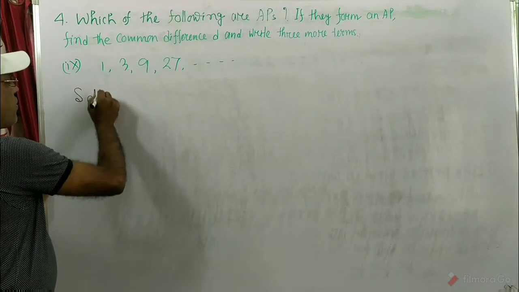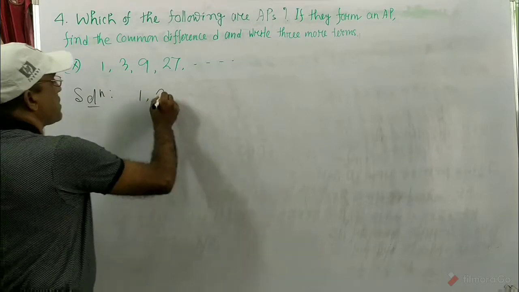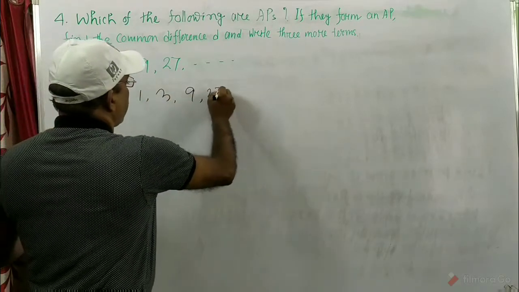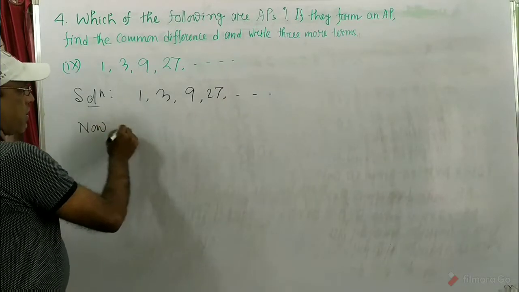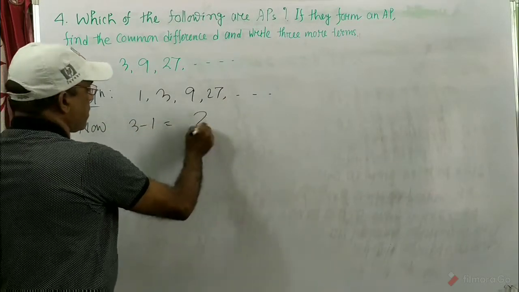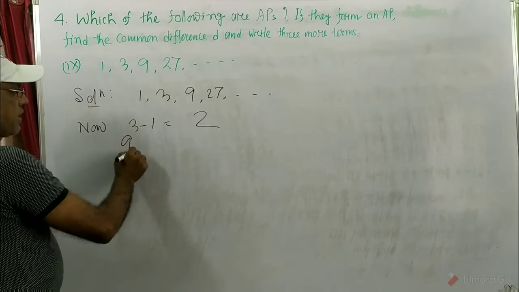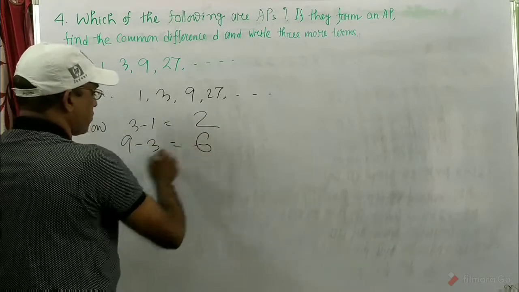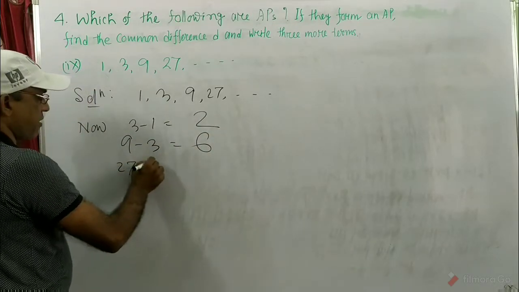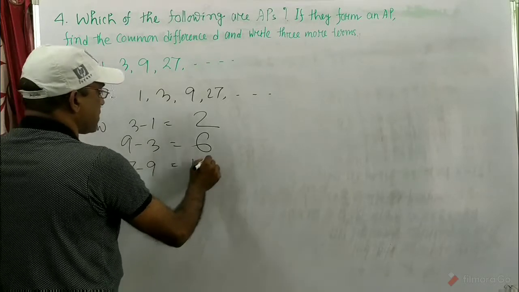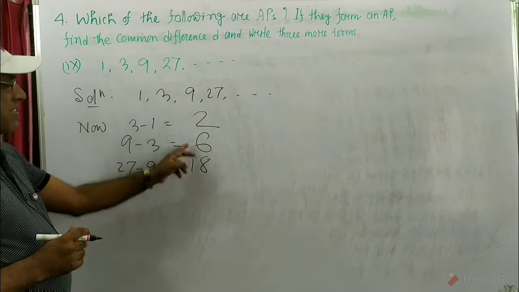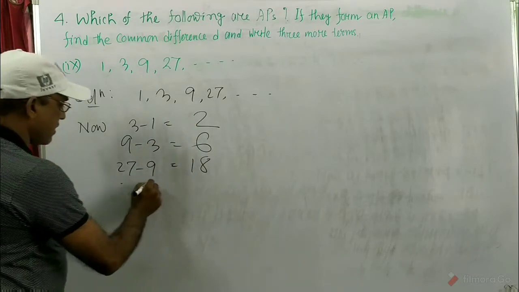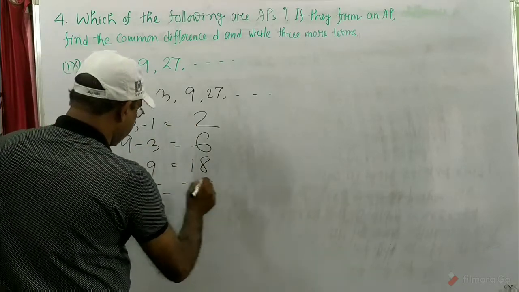Now we want to check whether these given sequences form an AP or not. Now 3 minus 1 equal to 2, 9 minus 3 equal to 6, 27 minus 9, this is 18. So what we get, their differences are not same. Their differences are different.